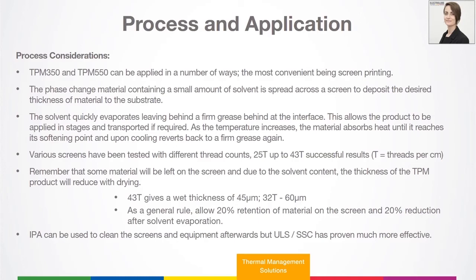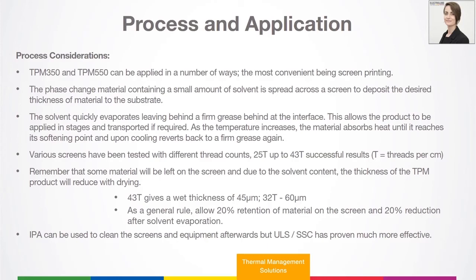You can see there I've given the information based on a 43T, which gives you a wet thickness of 45 microns. There is a small amount of solvent in our phase change materials to enable you to put them down by screen printing. That solvent evaporates after application and you're left with the solid phase change material on the surface.